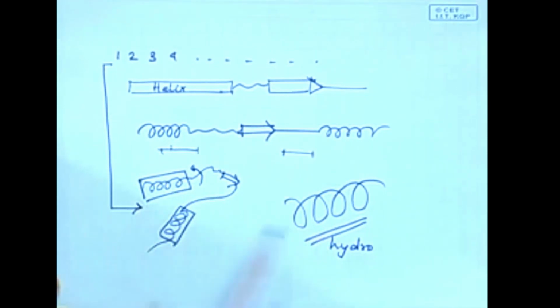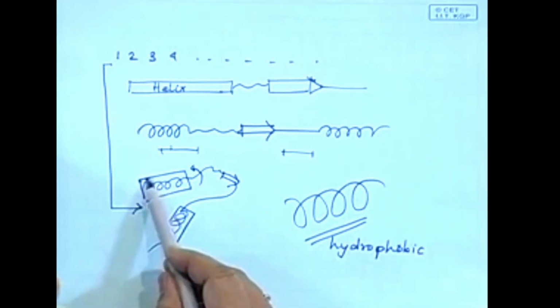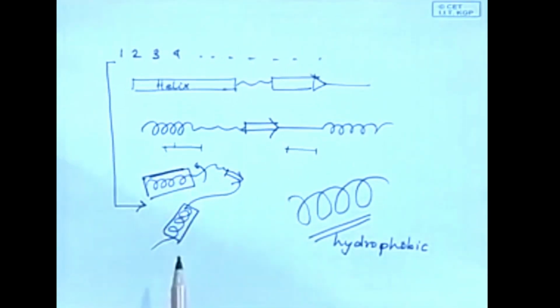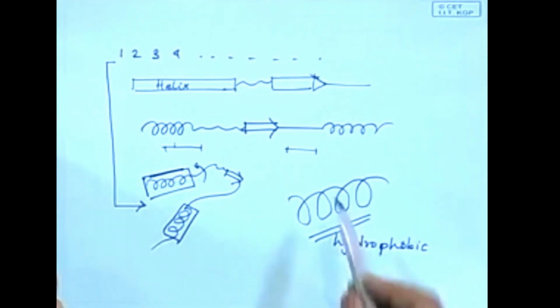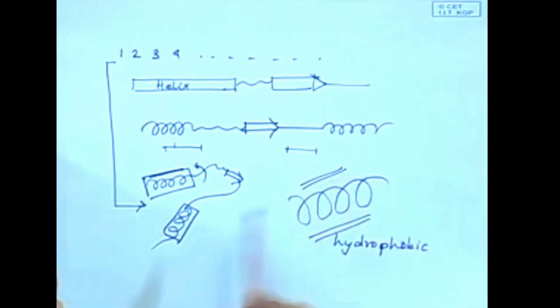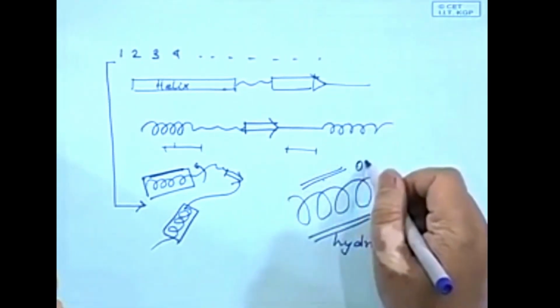Then what would I have to do? Construct a helical wheel. If this face is hydrophobic, I have to turn it around to make it come to the core of the protein. So I have a hydrophobic region and a hydrophilic region. This is therefore on the outside.